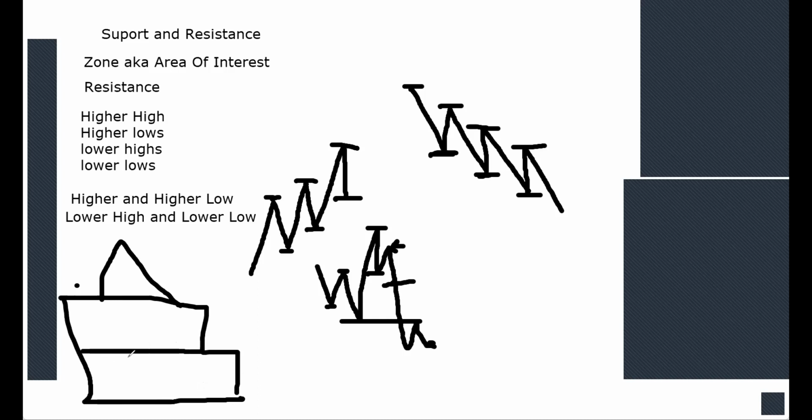You have to know support and resistance. The support is the floor because it supports you standing up. The ceiling is the resistance. If you jump and hit your ceiling, you're going to bounce off because it's going to give you resistance. That's why it's very important to know if the candle is closing above or below a support, because the same support is now going to be used as resistance.